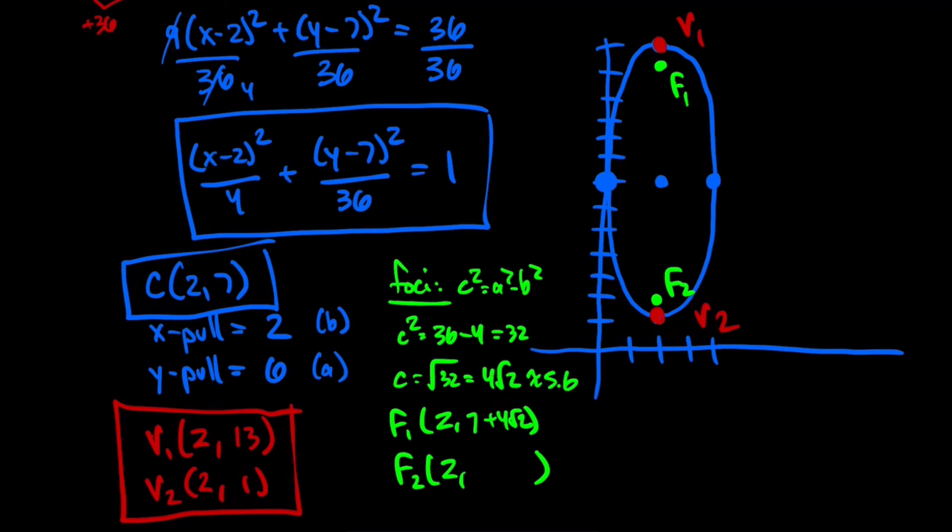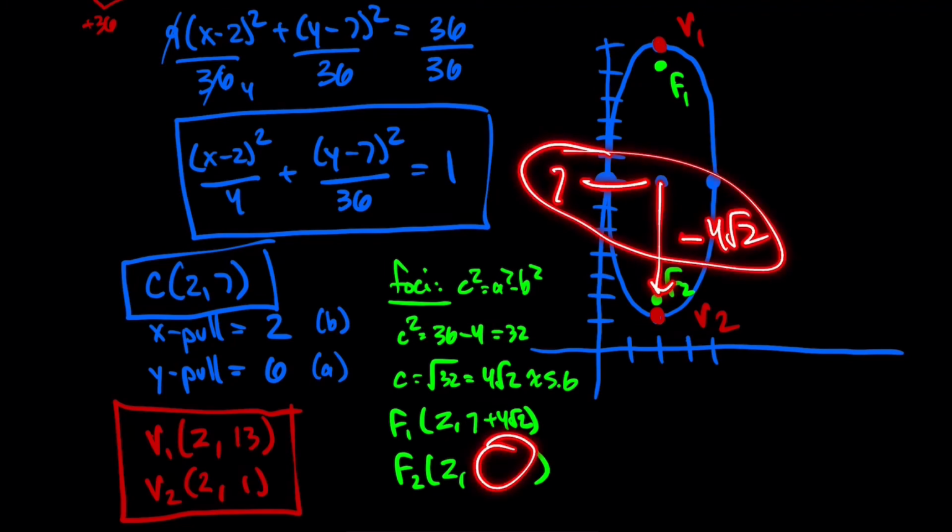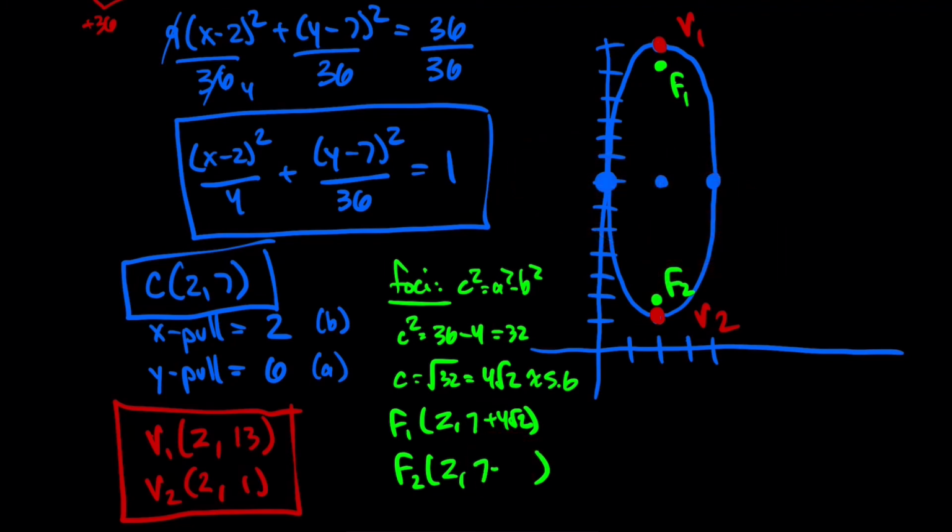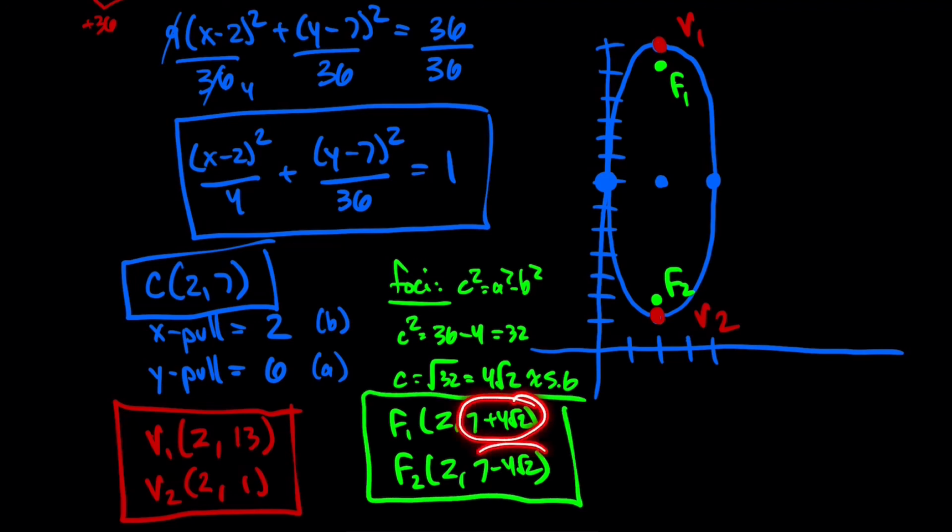And then for the other one, I'm going to subtract 4 radical 2 from 7. So 7 minus 4 radical 2 would go there. And when you're done, remember what we said. These are conjugate pairs. 7 and 4 radical 2. One's a plus, one's a minus.